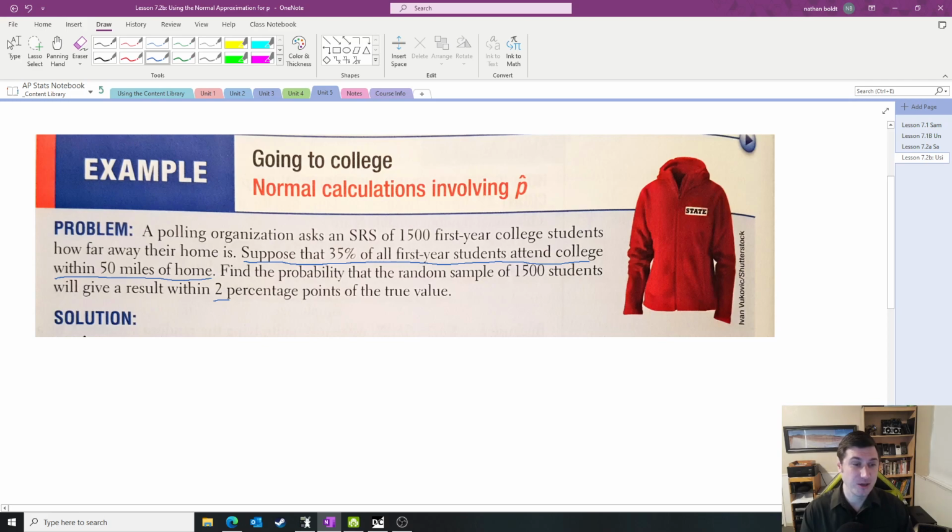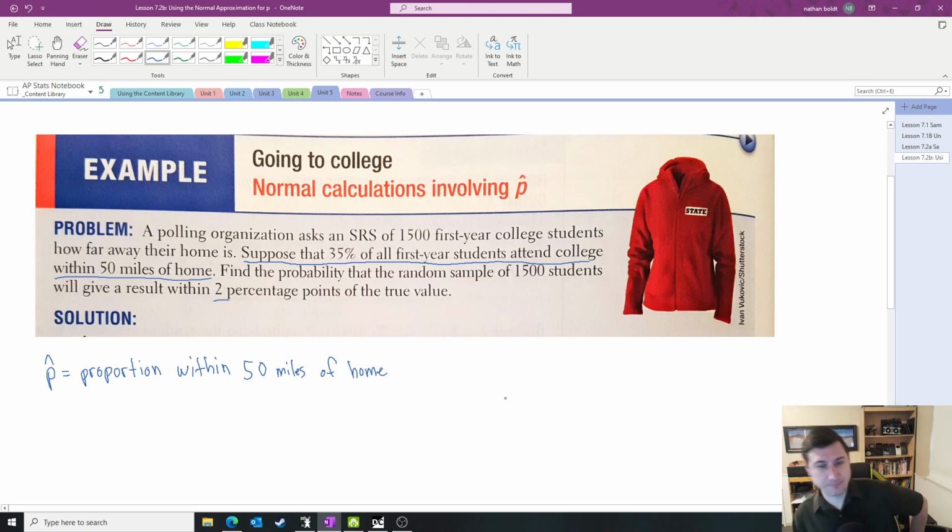But then from our sample, we are calculating p-hat. What we're actually interested in is the proportion within 50 miles of home. So with our sample, we then calculate the proportion that are within 50 miles of home.